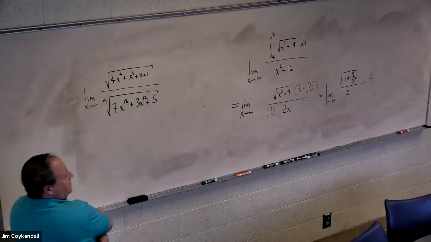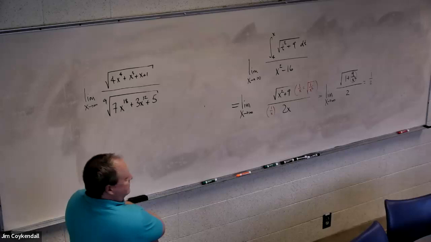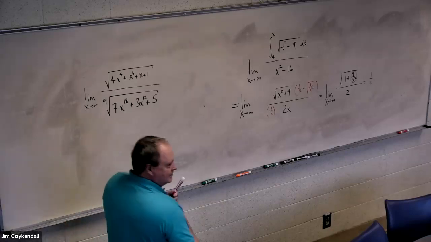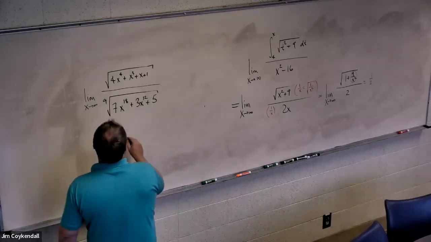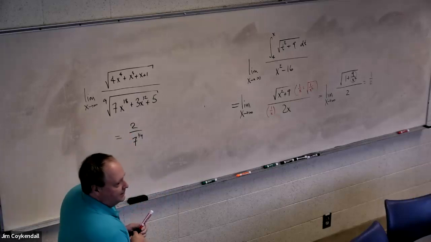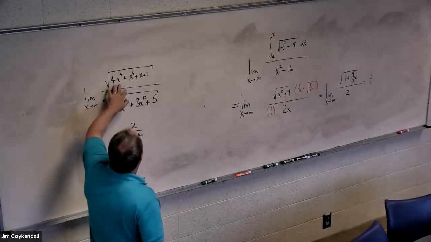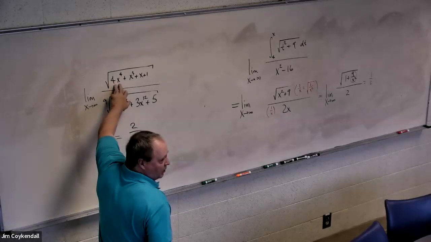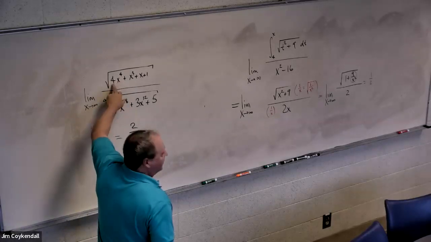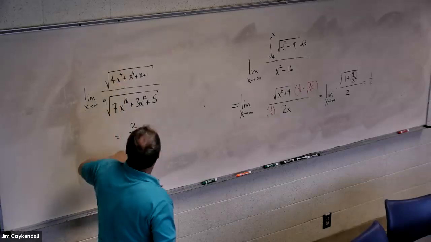I guess what this one is... The biggest power here is the square power. The first coefficient is about like 2, so this is sort of like a 2x squared up here.